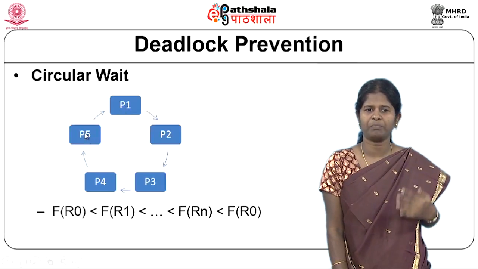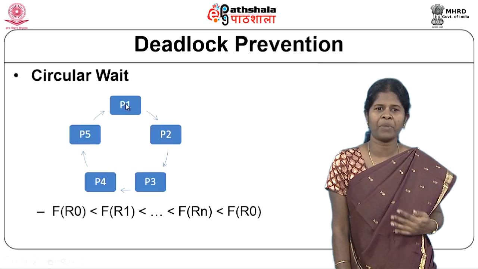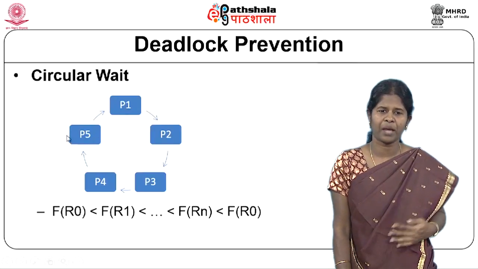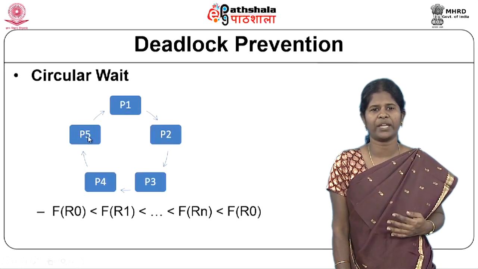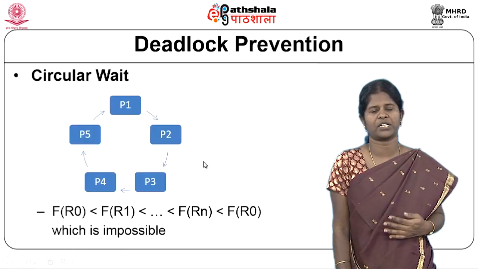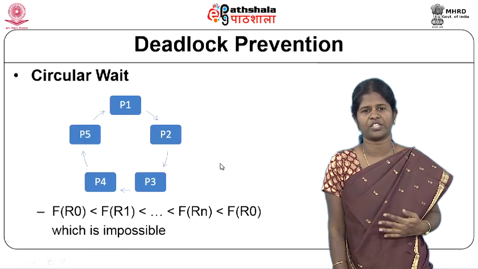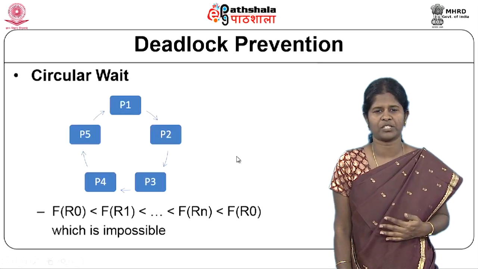So, P5 cannot request R1 because the number of R1 is less than the number of R5, and P5 is holding R5. Such a situation cannot happen in a system. You cannot have a circular wait in a system. So, this is impossible and hence you ensure that circular wait does not happen in a system.